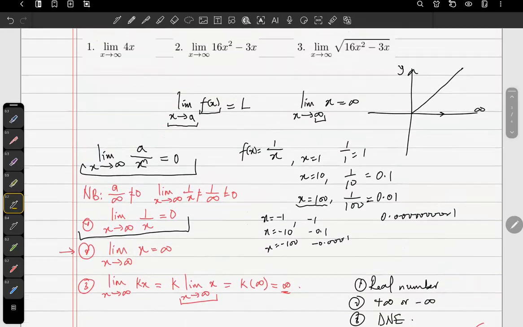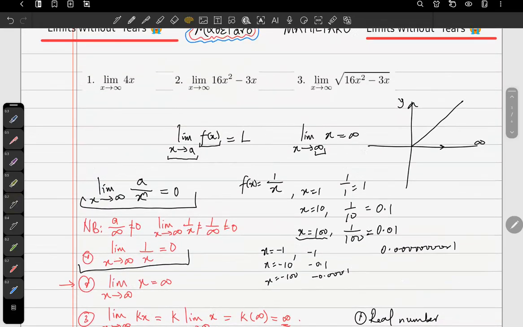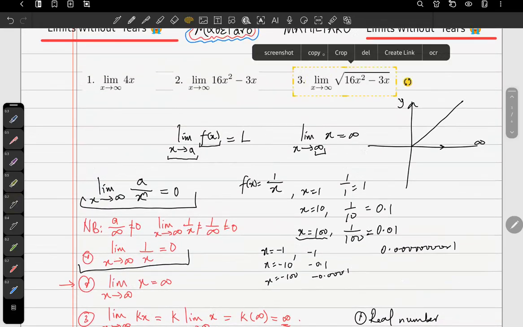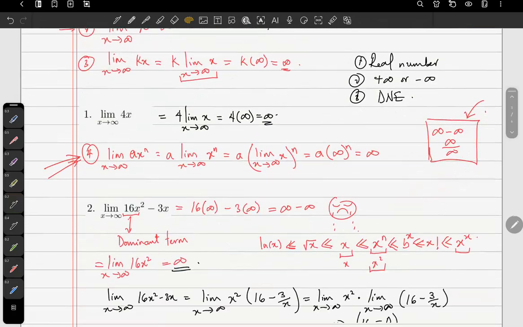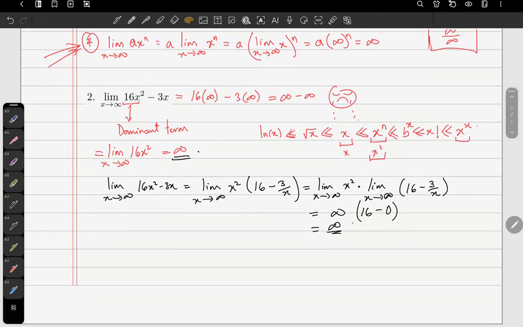Then the third question here, we have the limit of the square root of 16x squared minus 3x. So it's almost a similar trick that we pull here.